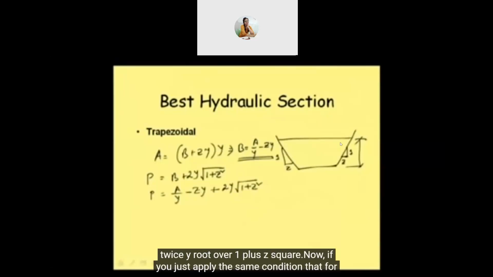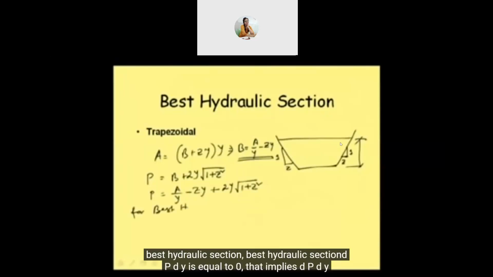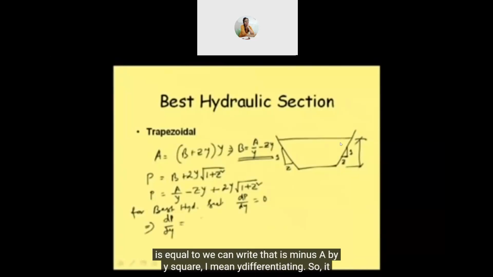Now if we apply the same condition for the best hydraulic section, dP by dY is equal to 0. That implies dP by dY is equal to minus A by Y squared, differentiating with respect to Y, and A we are considering as constant here.